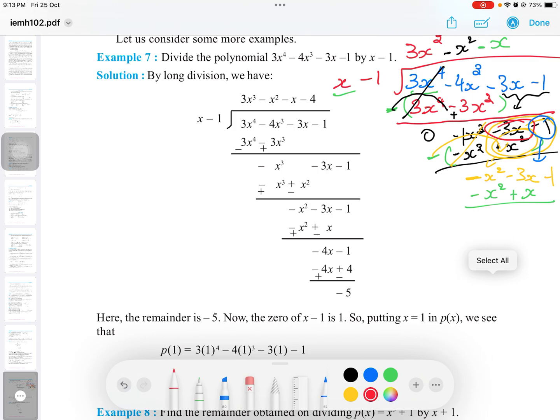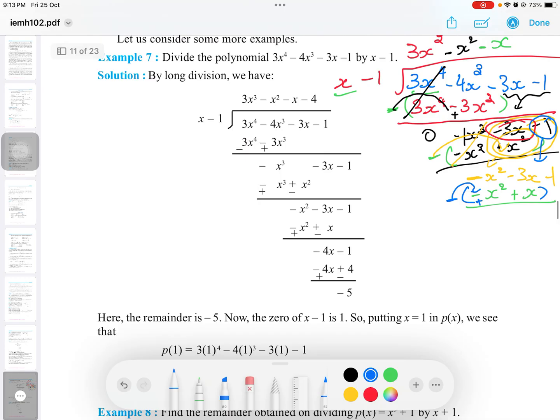And now you're gonna cancel. Again, don't forget you have this sign. You're subtracting. So now when you use the distributive property, you're gonna get a plus, and then here you're gonna get a minus.